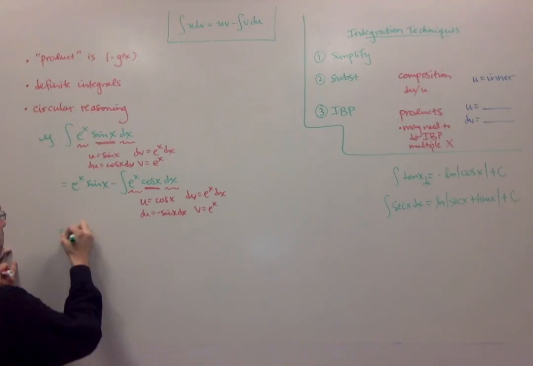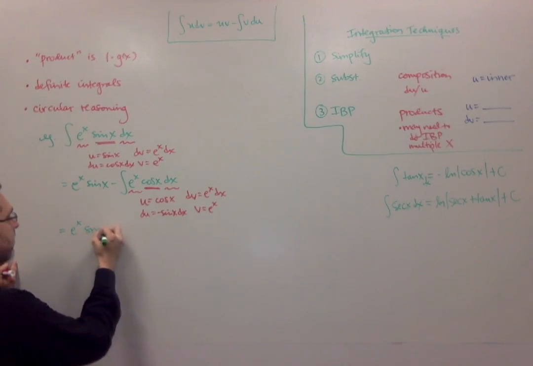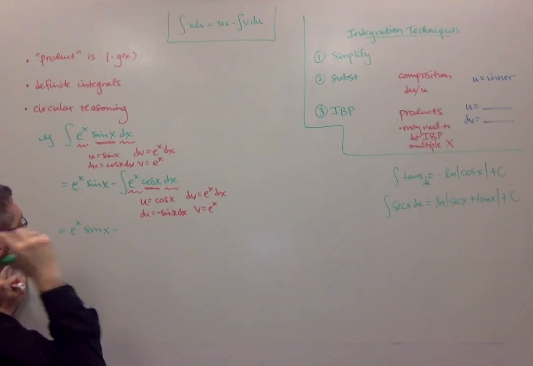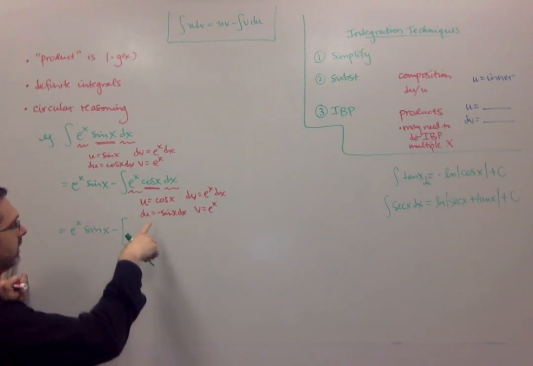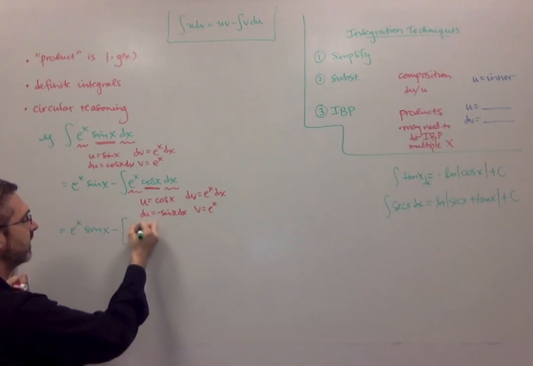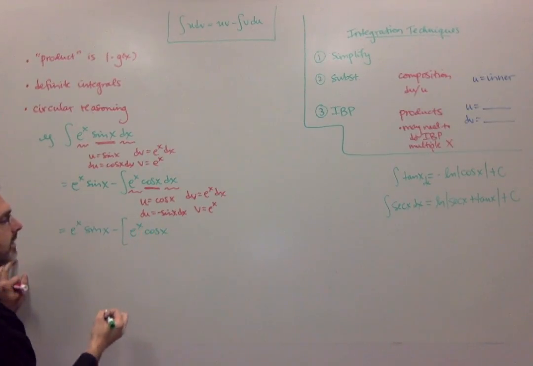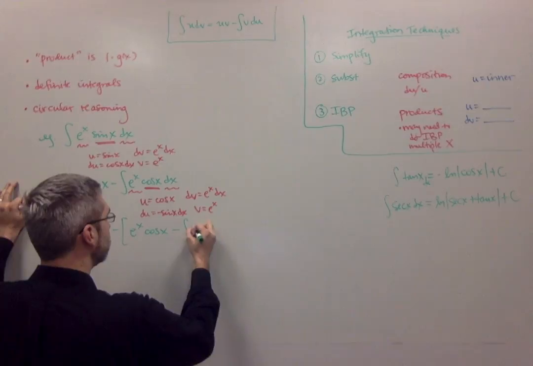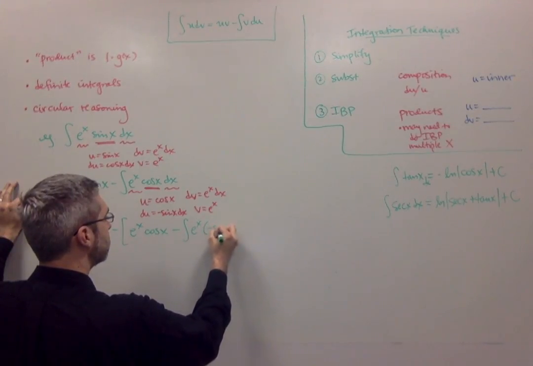So I've got e to the x sine x minus, and I'm going to use parentheses here, I'm going to be careful. So I've got u times v, e to the x cosine x, minus the integral of v times du.